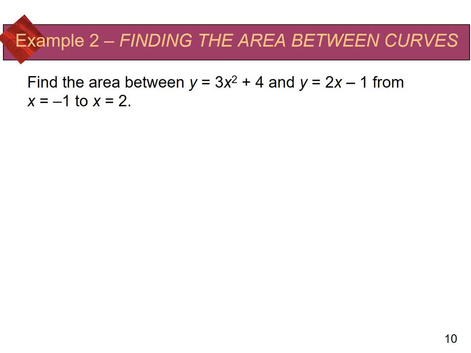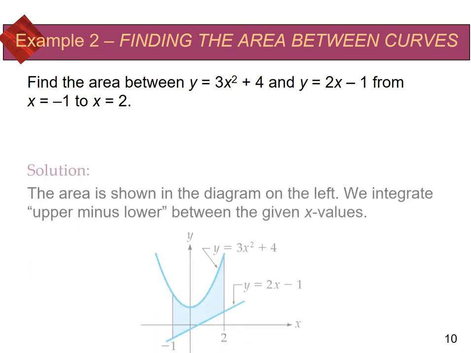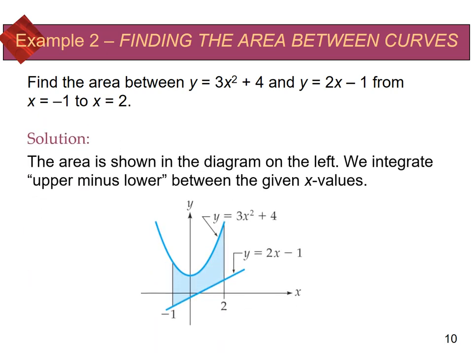So for instance, if I want to find the area between y equals 3x squared plus 4 and y equals 2x minus 1 from -1 to 2, you want to have an idea of what the graph looks like, because if they intersect each other... right now y equals 3x squared plus 4 is the upper function, it's on top. The y equals 2x minus 1 is below that.